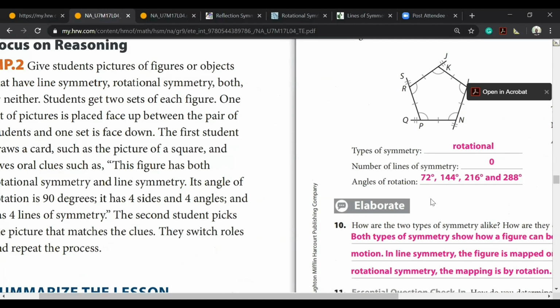What about the angles? 360 divided by 5 gave me 72. And then 72 multiplied by 2 is 144. 72 multiplied by 3 is 216. 72 multiplied by 4 is 288. And then 72 multiplied by 5 will give you 360. 360 is not needed to be written. You can write it or not, whatever you want.